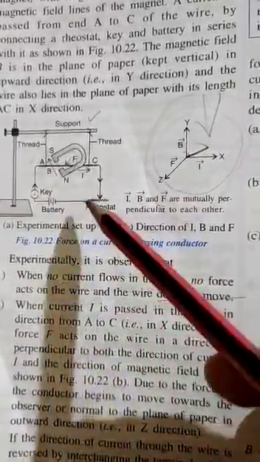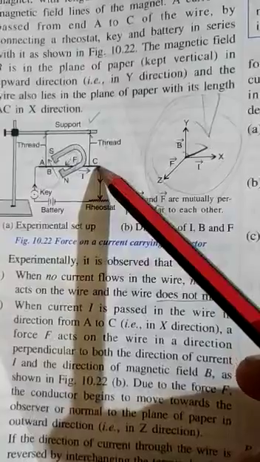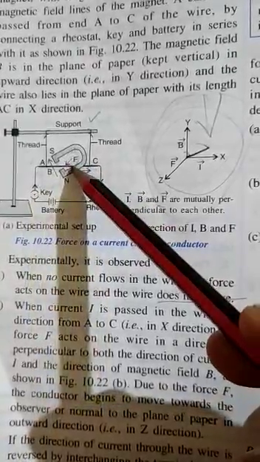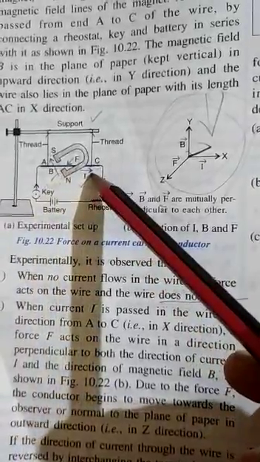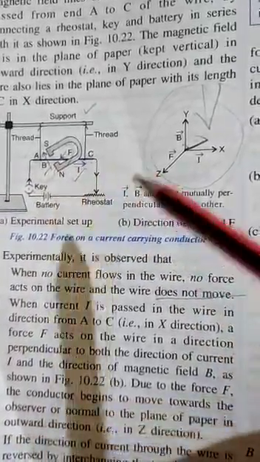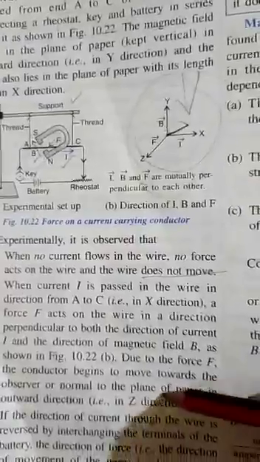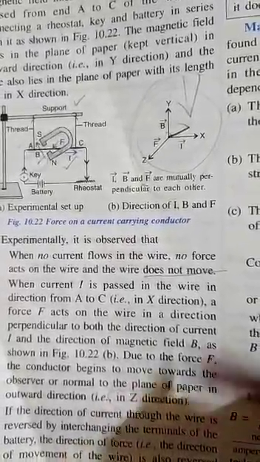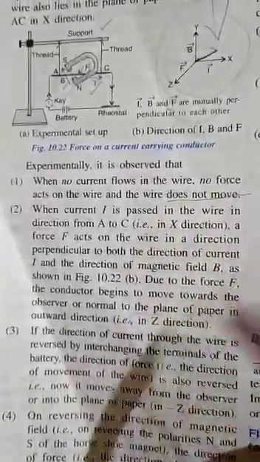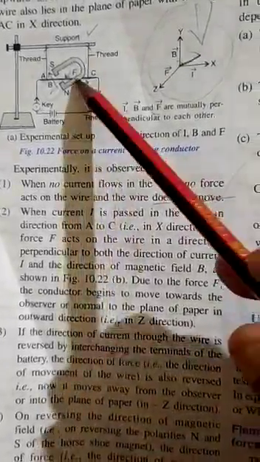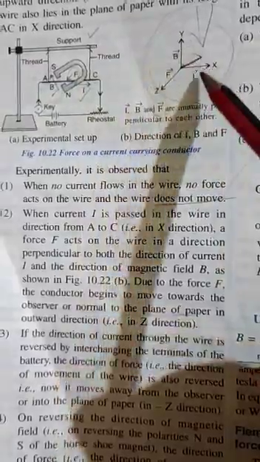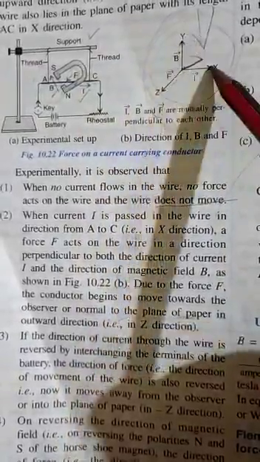But when the current I starts flowing from A to C, there is a force F acting perpendicular to both the direction of the magnetic field and the current, which acts along the positive Z direction. If the direction of current is reversed, then the force will act in the minus Z direction. So in this way you can find the direction.